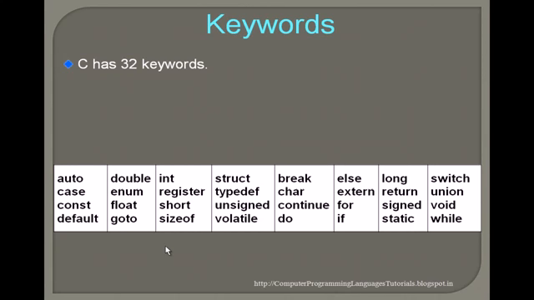Then you already saw the rules for variable declaration, but some other rules are here. In C you have keywords. Keywords means what? They have their own predefined meaning. Therefore, these keywords cannot be used as variable names.